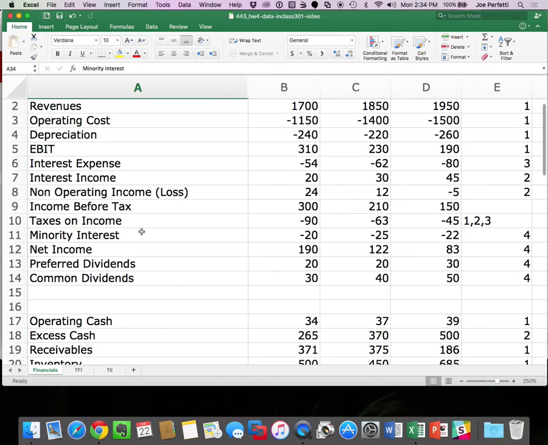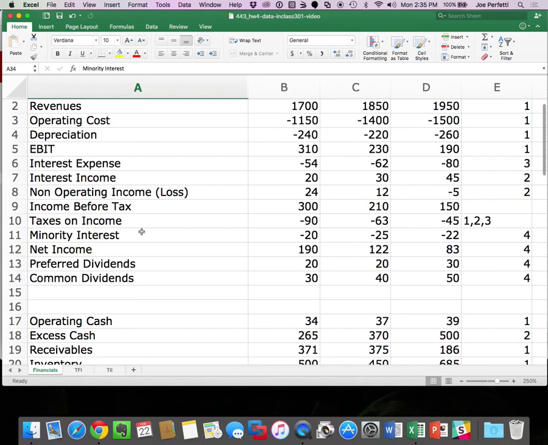Simultaneously, on the balance sheet, we have a liability to the owners of the firm because they have an equity stake in those assets. And we have to report the equity stake they have in those assets as equity on our balance sheet, except it's not common equity because they don't own a piece of our entire business.